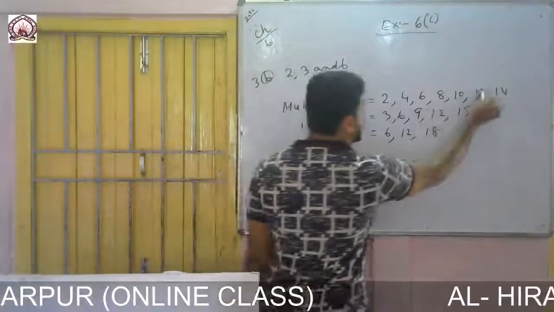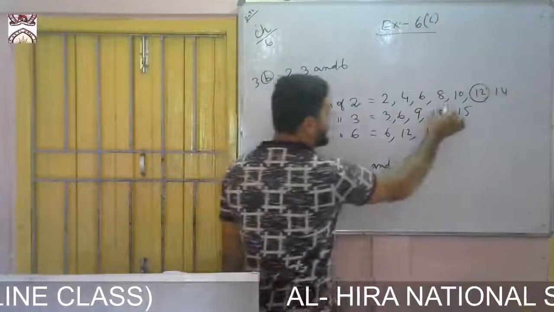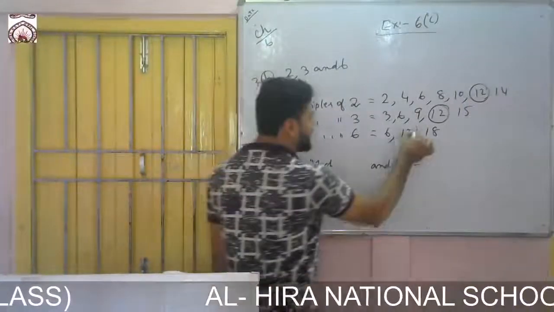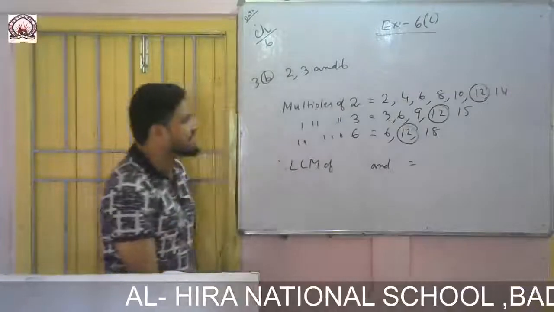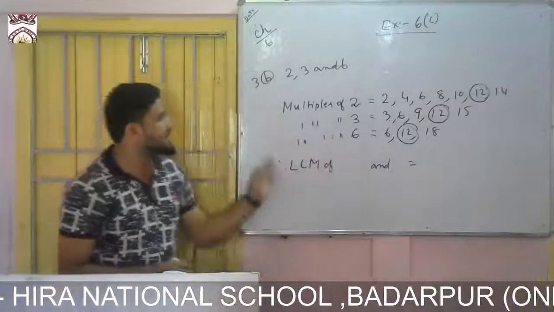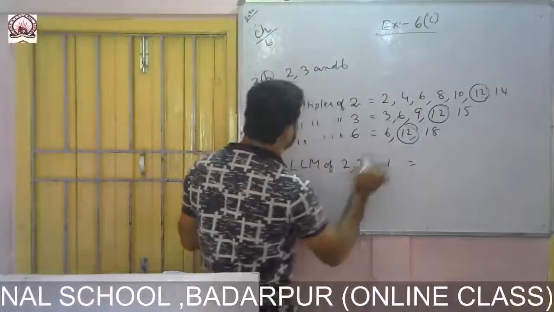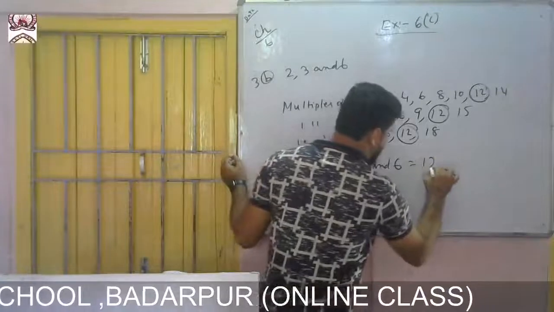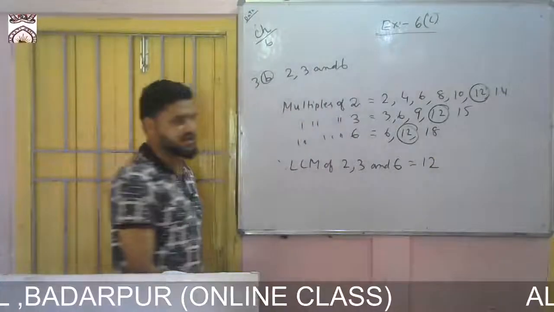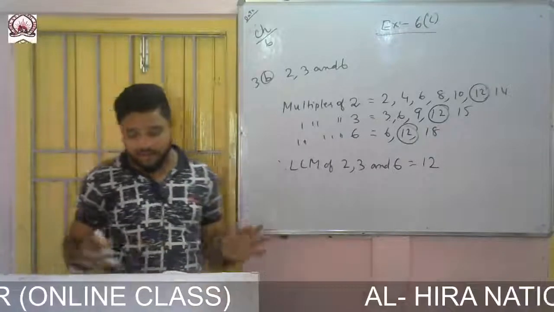Yes, we are getting 12 here also, here also 12. So the first common multiple is 12. So the LCM of 2, 3 and 6 will be 12. That is the answer. So that is the process of inspection.